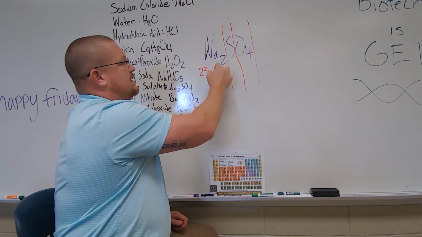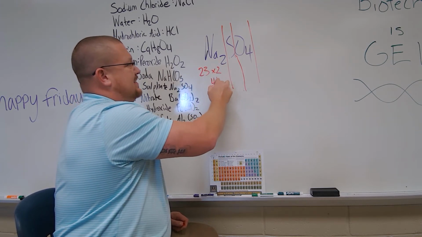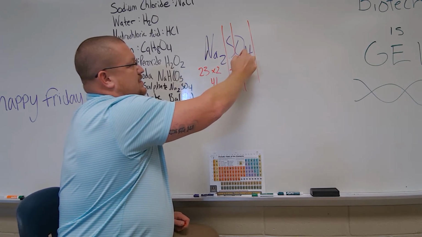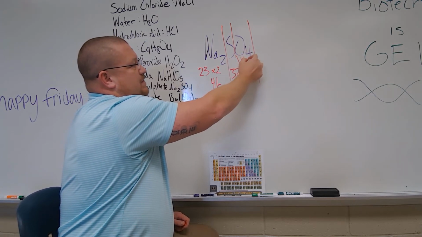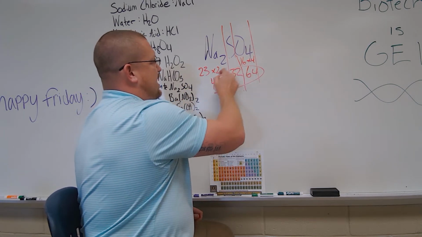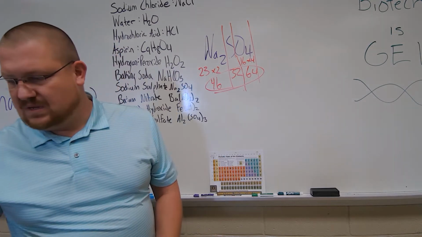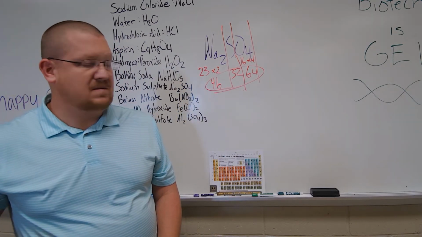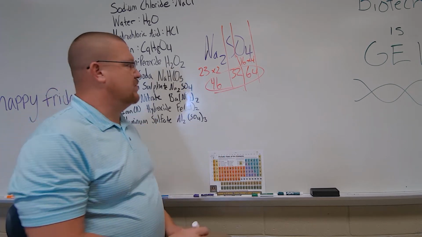We're going to do 23 times 2 is 46. Sulfur, there's 1, 32. There's 16s are oxygen, there's 4 of them. 16 times 4 is 64. So we add these together. 142.